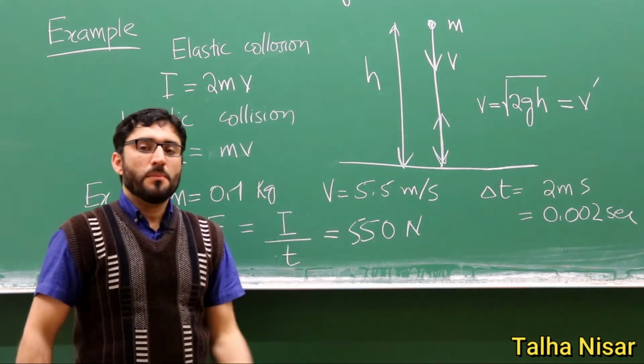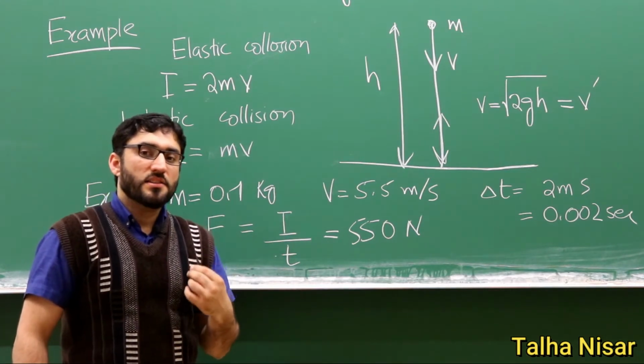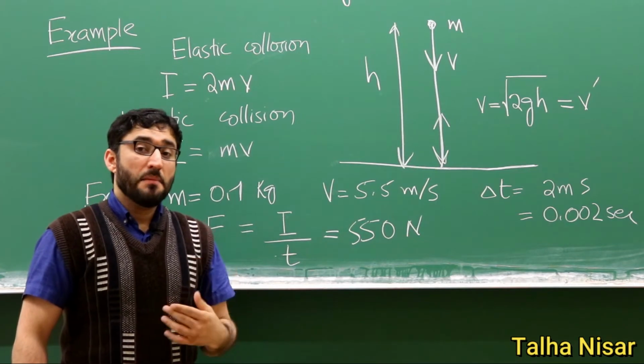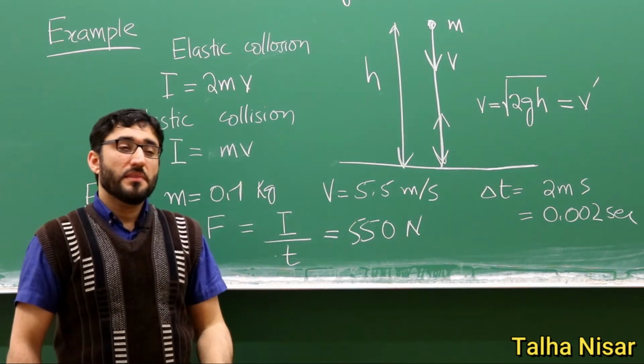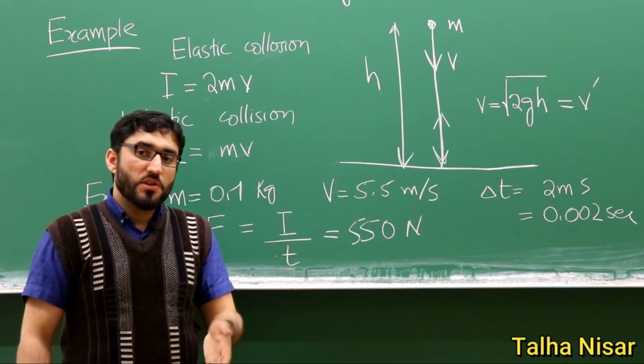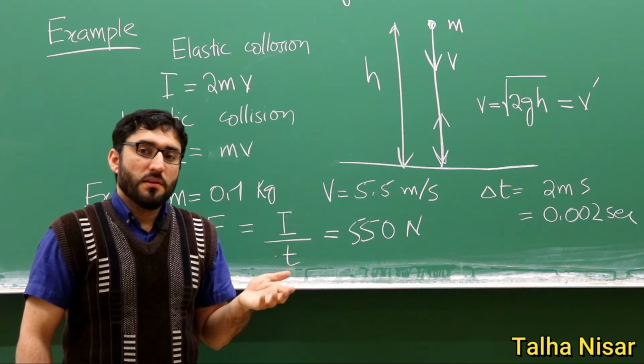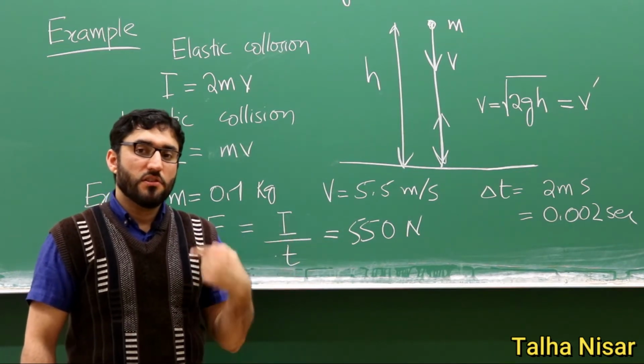Whenever we drop something, as we discussed when we were discussing acceleration, the change in the velocity is extremely high, which means the acceleration is very high. We calculated that for the ball hitting the ground, the acceleration is high.